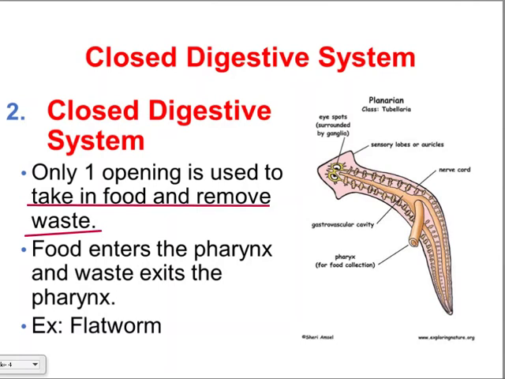So yes, the food enters the pharynx, which for us is close to our mouth, and the waste, the excrement, the poop, exits the pharynx as well. The pharynx on a flatworm is not where ours would be, but is this tube that you see extending out of its abdomen sometimes.